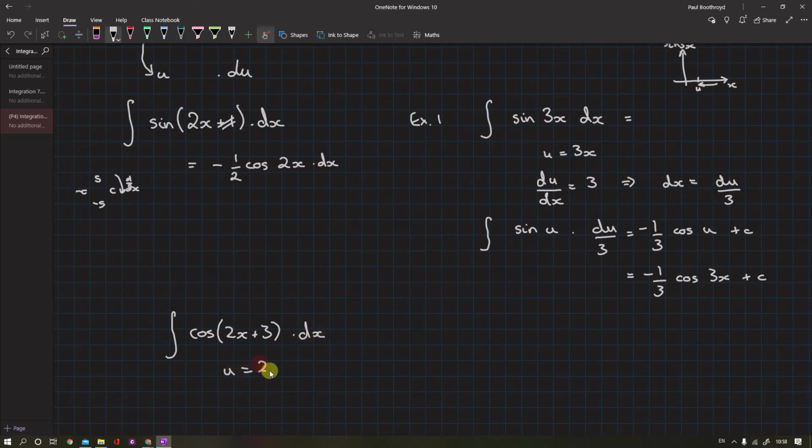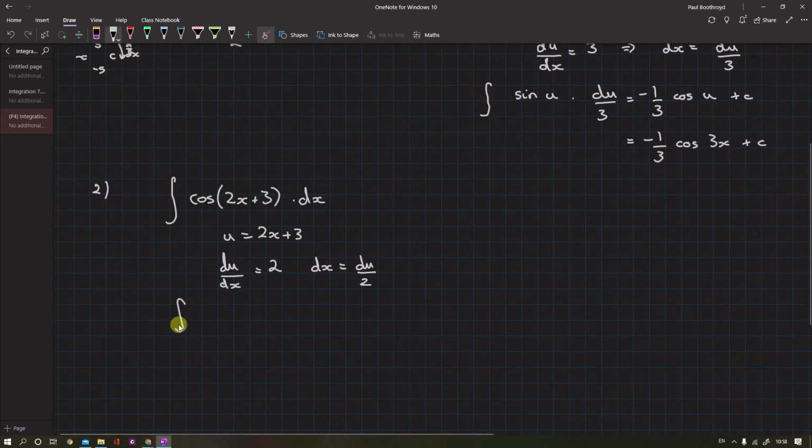We say u is 2x plus 3. We find out how to scale the axis, so du dx is still 2. Redefine dx in terms of u as du over 2. And so example number 2 becomes the integral of cos of u with respect to u over 2.